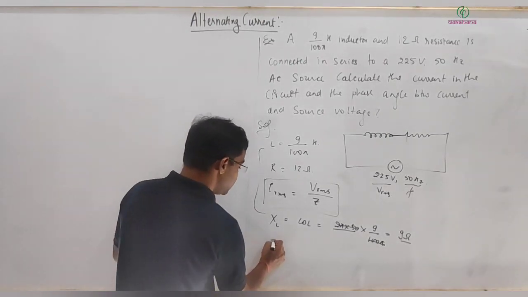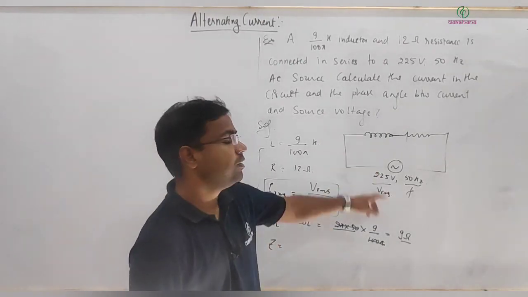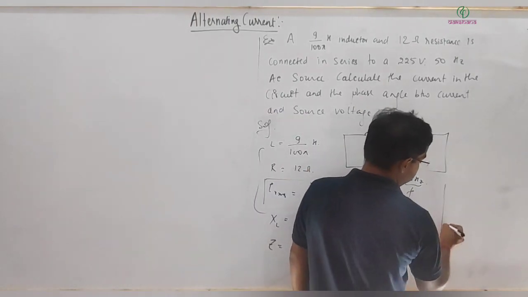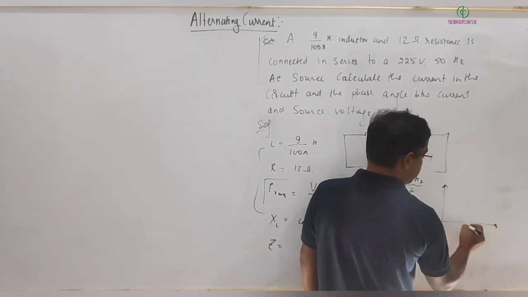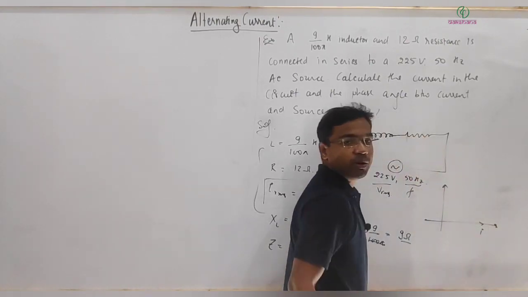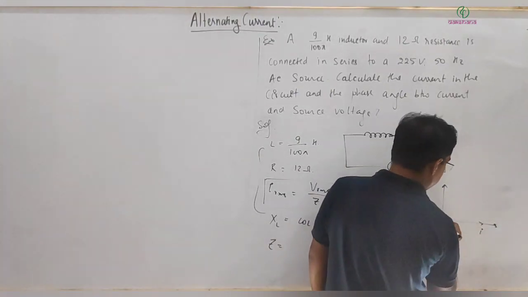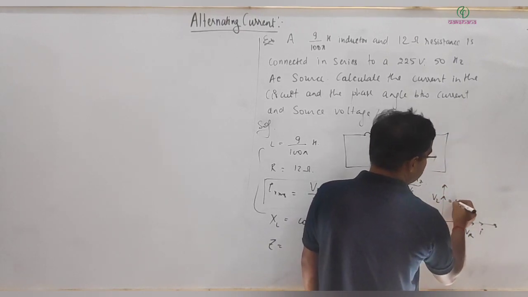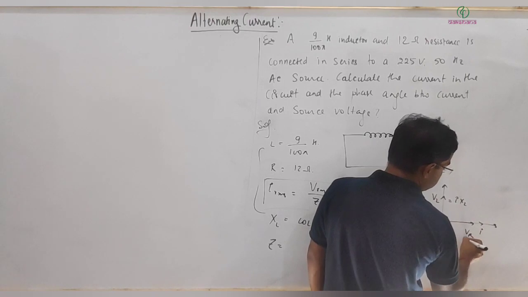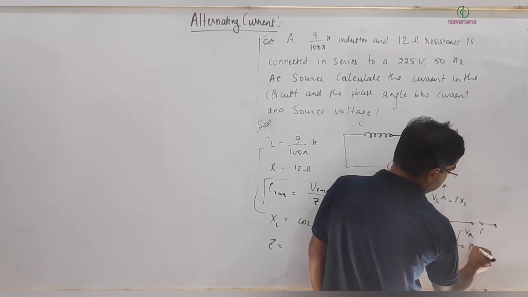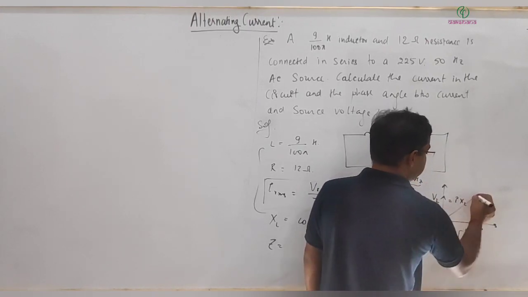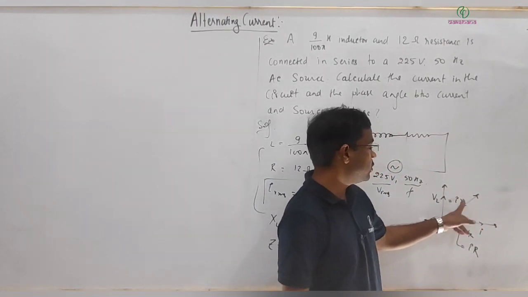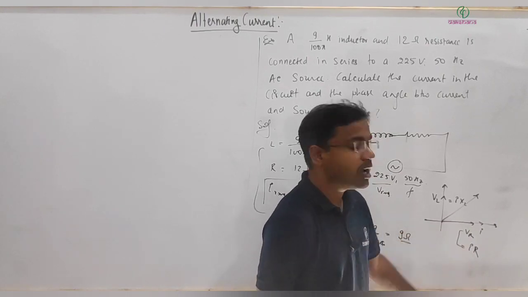Then I can easily get Z, because for this circuit we know the relation, otherwise you can go with the phasor diagram also. Here, I will be common in both, and you will get VR, and this will be your VL. VL you can write as I XL, and this you can write as I into R. So net V will be along this, and from there we get Z. Impedance comes out to be under root XL square plus R square.